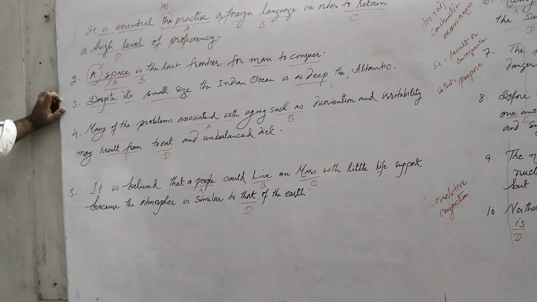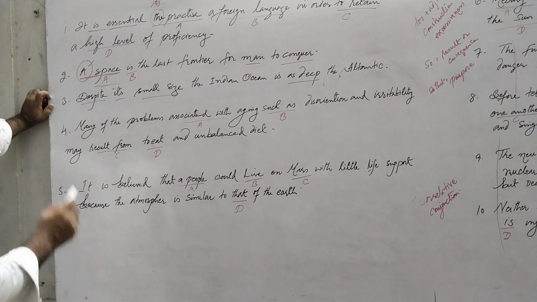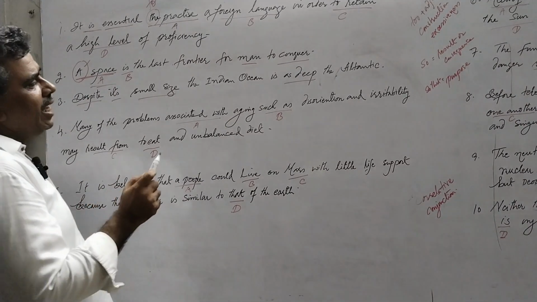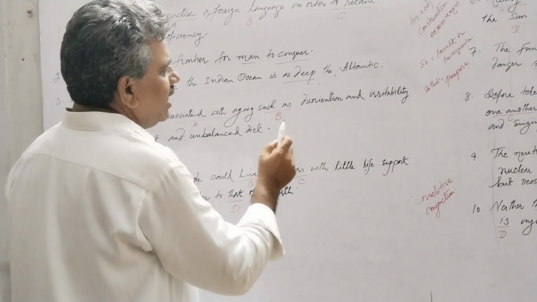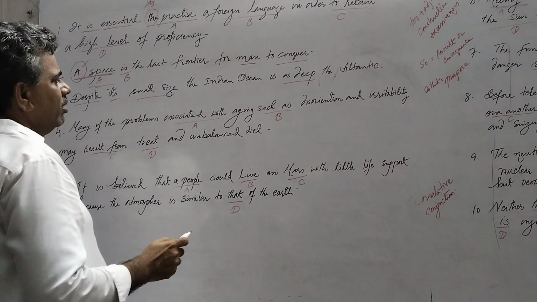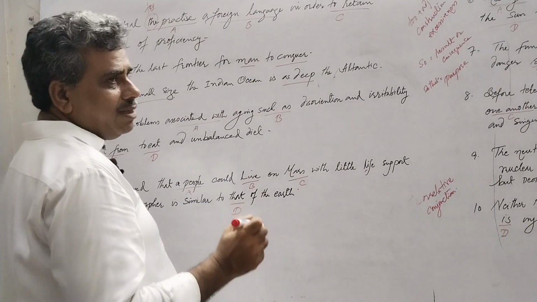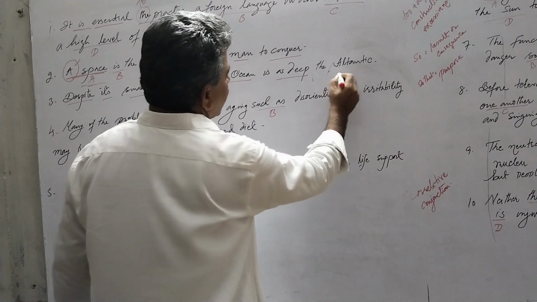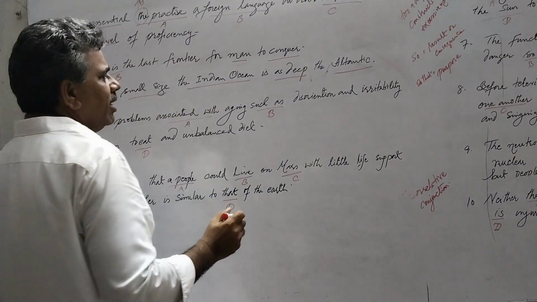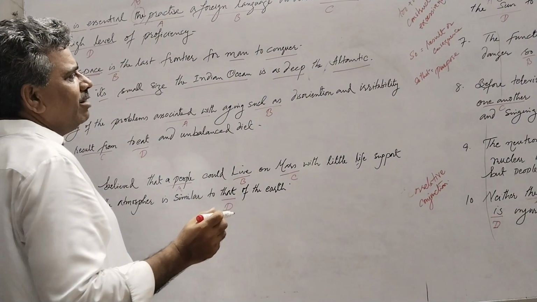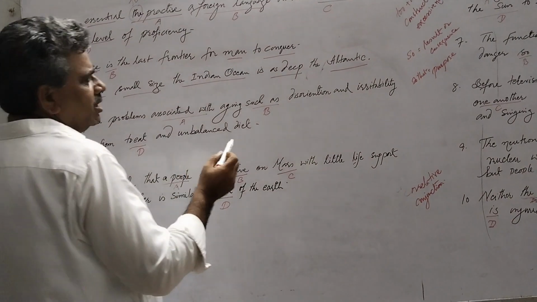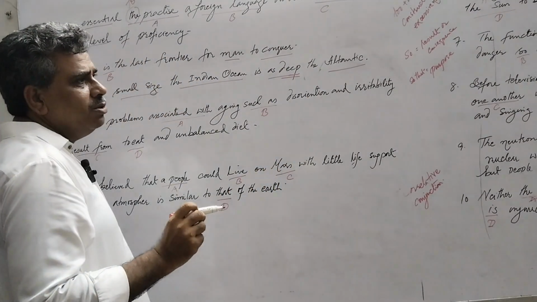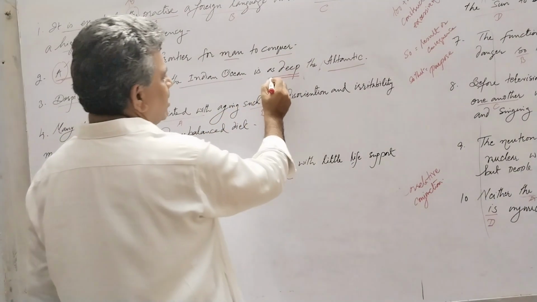Now we come to the third sentence. The sentence is, despite its small size, the Indian Ocean is as deep the Atlantic. Now we'll look at the sentence that there is a comparison of two nouns, the Indian Ocean and the Atlantic Ocean. They are compared here. But you know that when we compare two nouns with an adjective, we have adjective here, deep, then we use as twice.